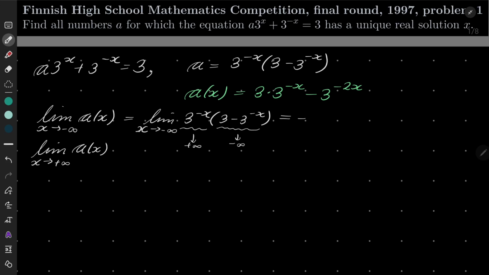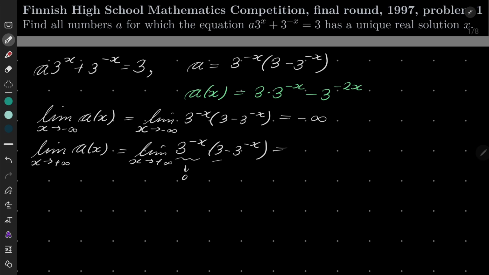So this limit is minus infinity, while the second limit is the limit as x goes to plus infinity of 3 to the minus x times (3 minus 3 to the minus x). Now this part goes to 0 and this part goes to 3. So this limit is 0.